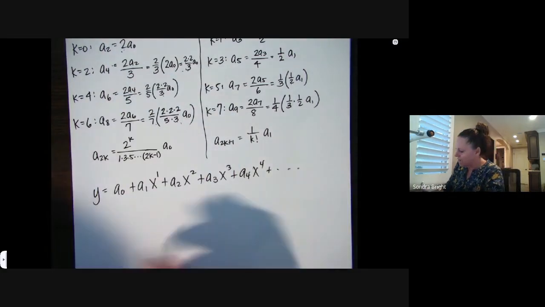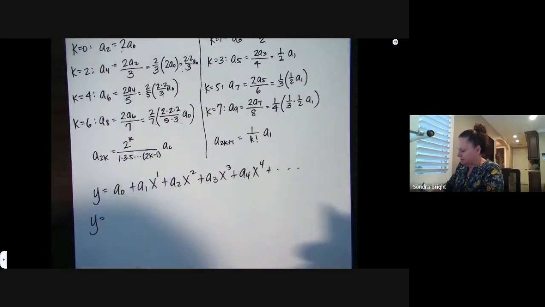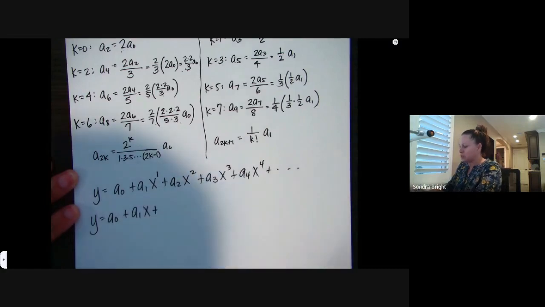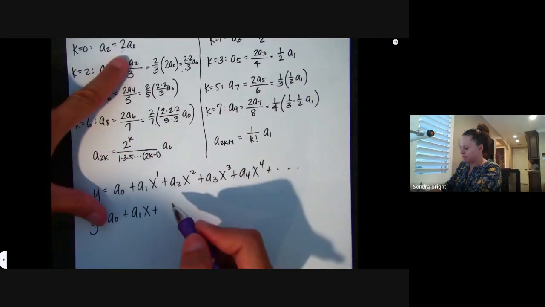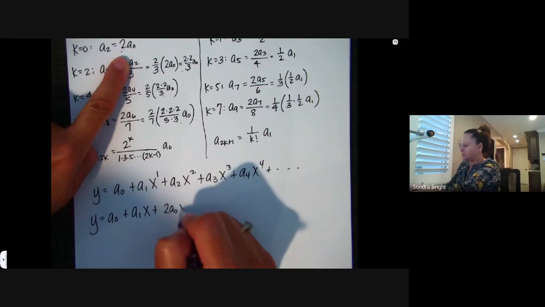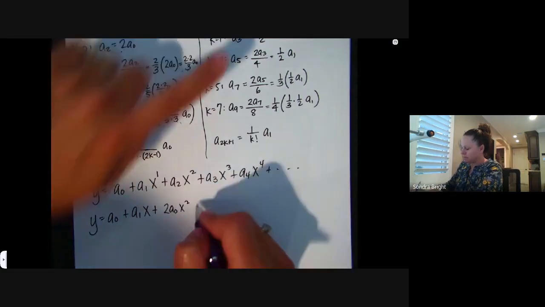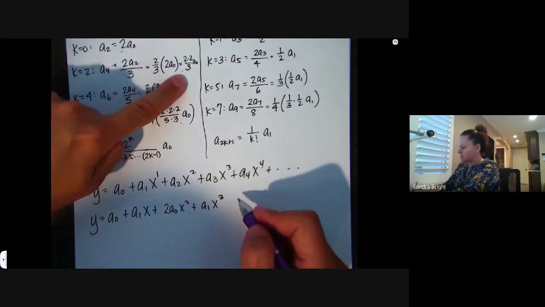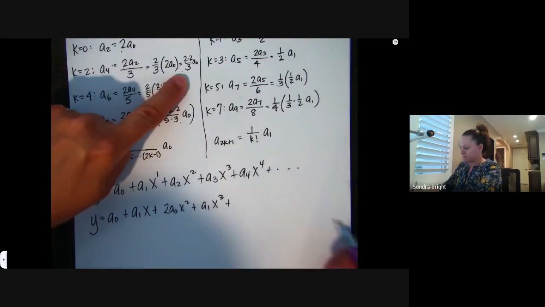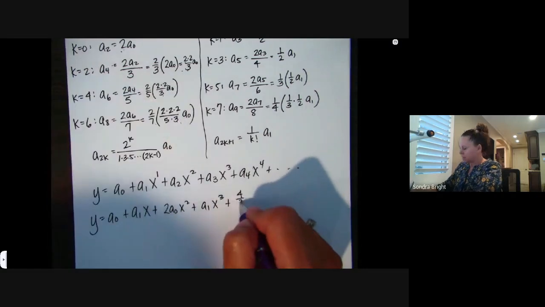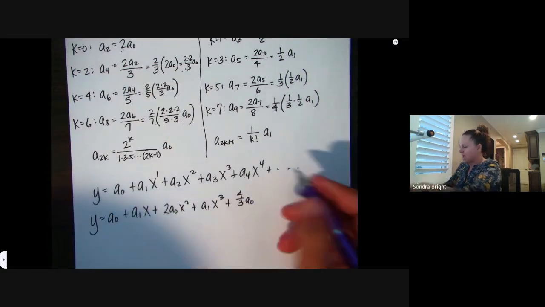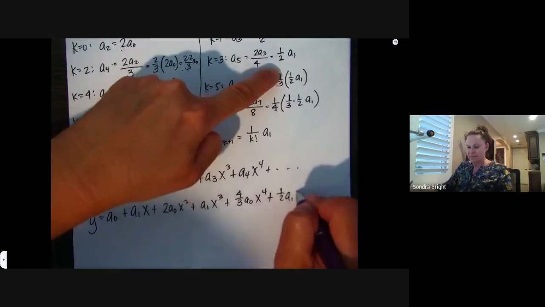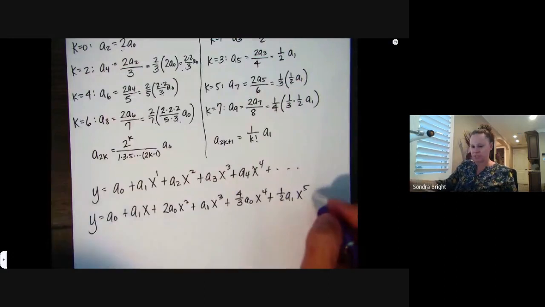You're going to go y equals a naught plus a1x plus a2 was 2a naught, a3 was a1, a4 was 4/3 a naught, x to the fourth, a5 was 1/2 a1, and you would keep on going, obviously showing more.